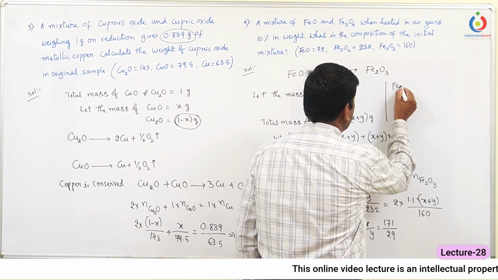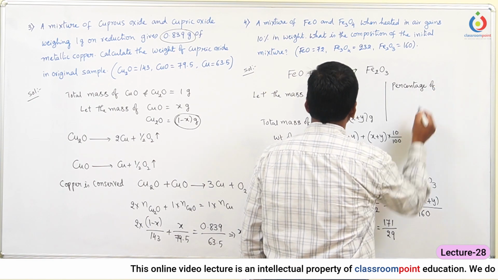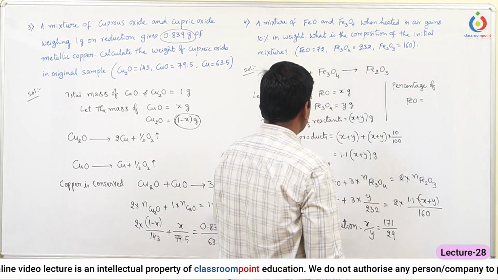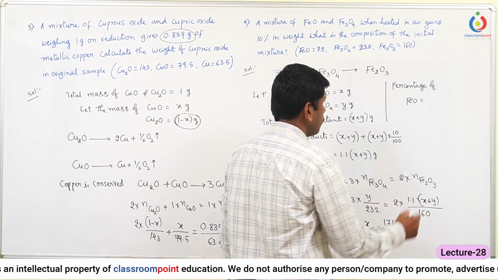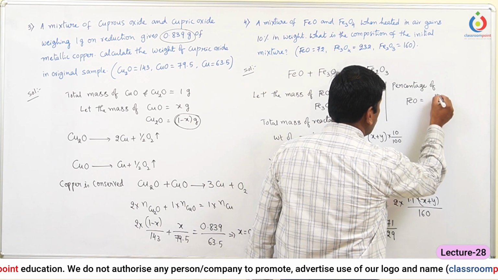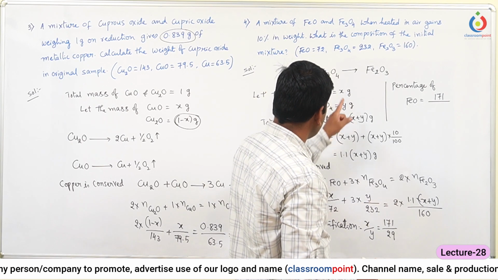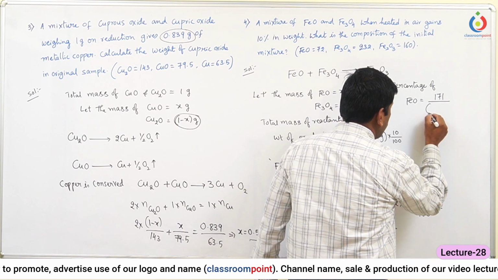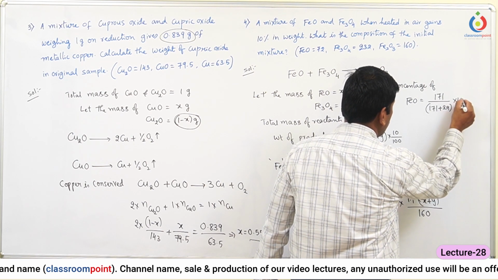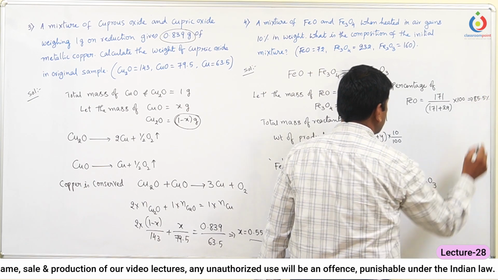Then let us see the percentage of FeO. This is equals to 171 divided by 171 plus 29, into 100, because the x value is 171, so this gives 85.5%.